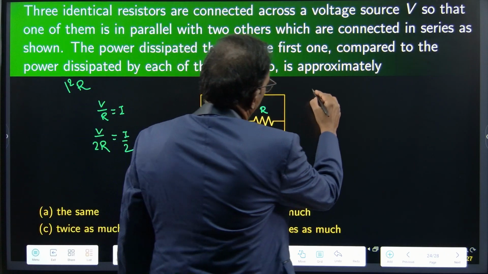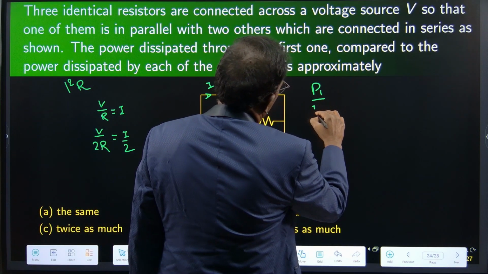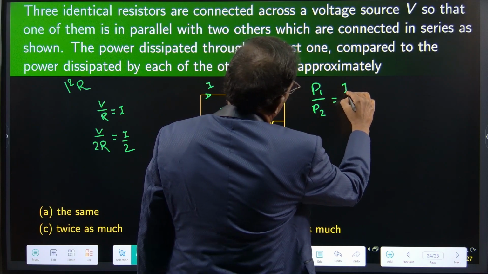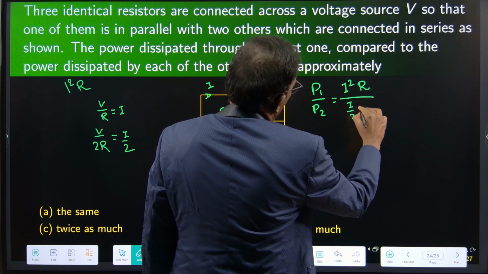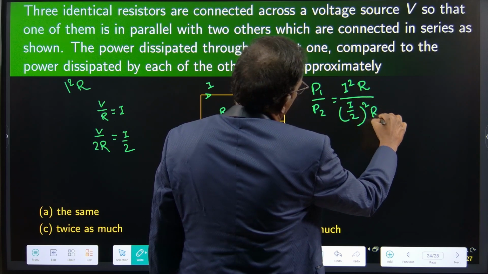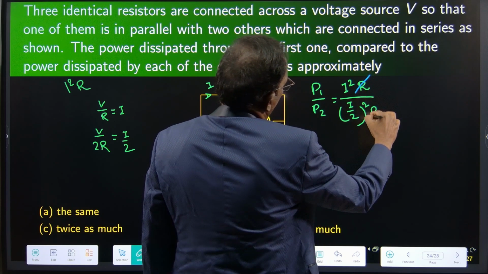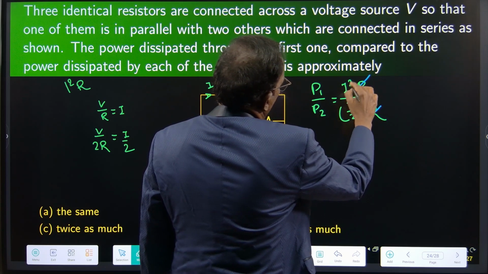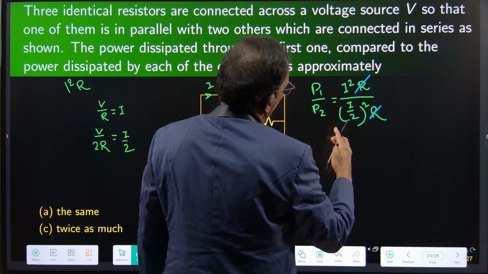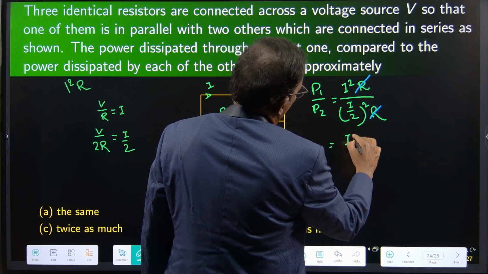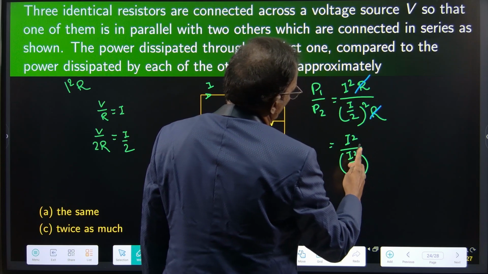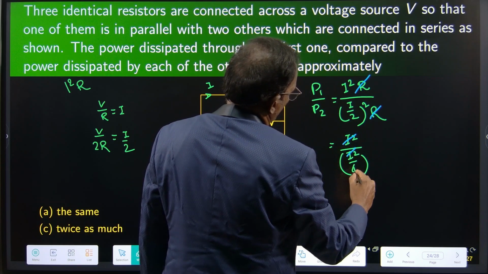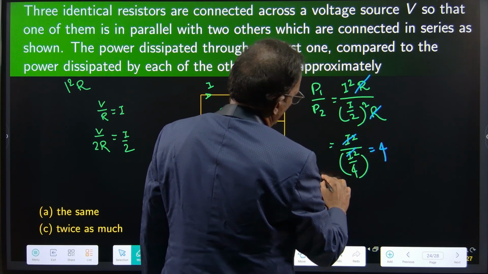Then power: P1 divided by P2 is equal to I square R divided by (I by 2) square R. R removed, I square removed, we will write it as I square divided by I square by 4. Then this is 4.